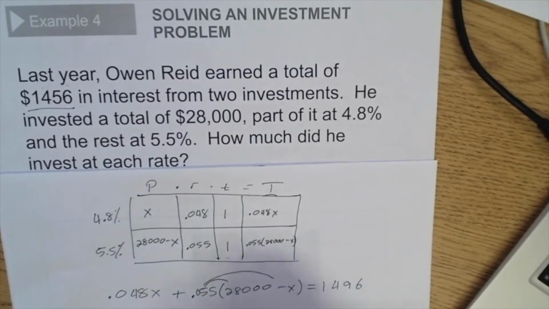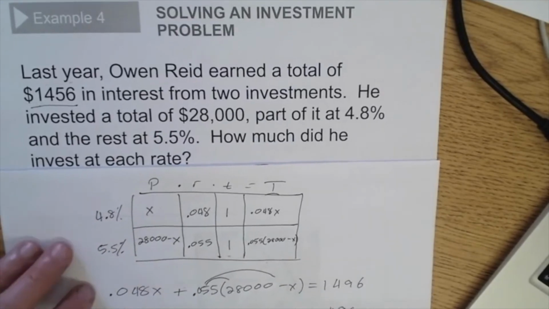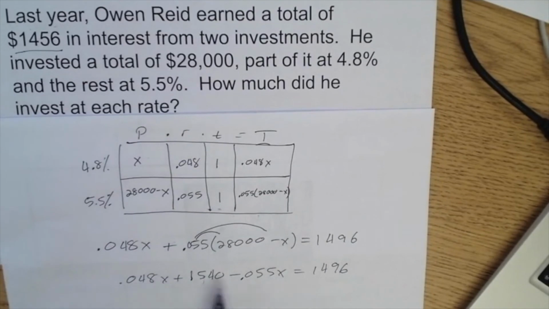So that's going to give us 1,540 minus 0.055x. Combine my x terms. So 0.048 minus 0.055 is negative 0.007x. Now I'll need to subtract 1540 from both sides.